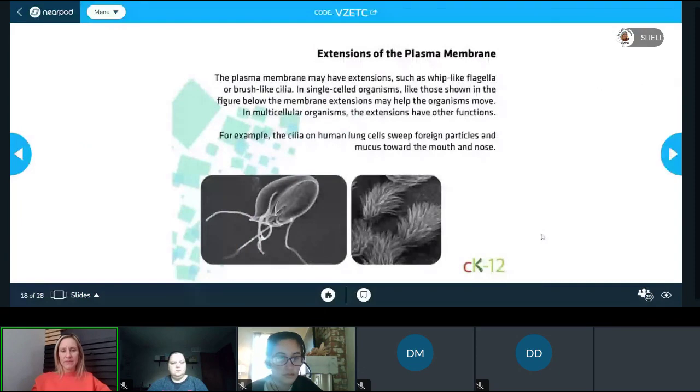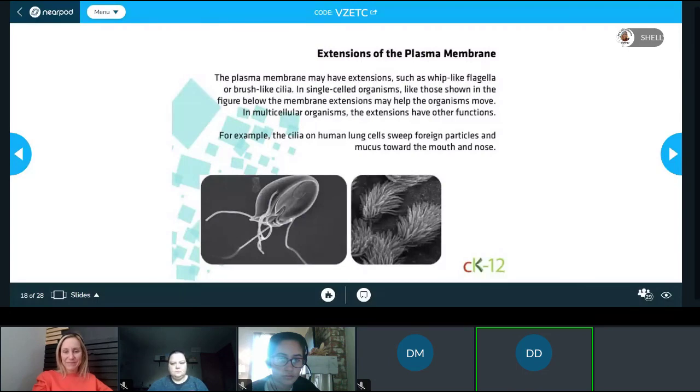Would someone like to read this? Let's read this first. I will. All right, go for it. The plasma membrane may have extensions, such as whip-like flagella or brush-like cilia in single-celled organisms like those shown in the figure below.